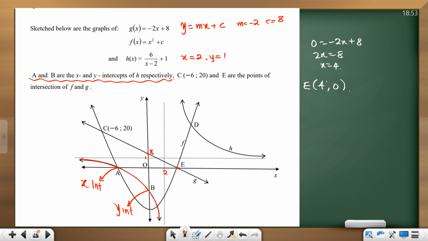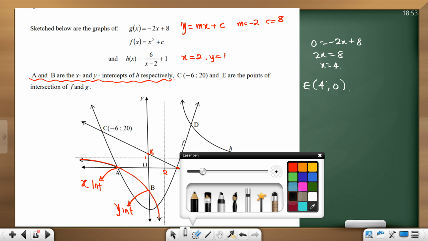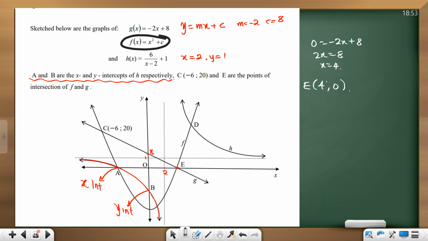All right, the examiner says we should find C. Look, what I need to check is this. My C is on f of x. Go to your f of x. Is there a point you know? Oh, there's a point here, 1. There's another point here, easy.